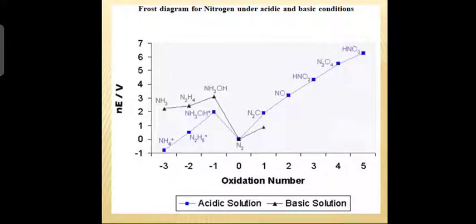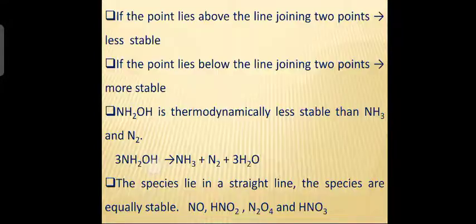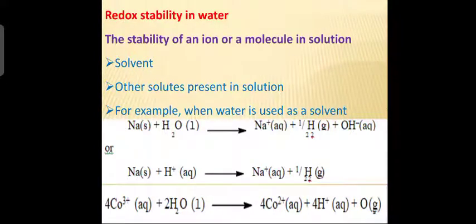Now, redox stability of water. The stability of an ion or a molecule in solution depends upon the solvent and the other solutes present in solution, including the dissolved oxygen. This is because the ion or molecule may be destroyed by the solvent, or may act as an oxidizing agent or reducing agent.